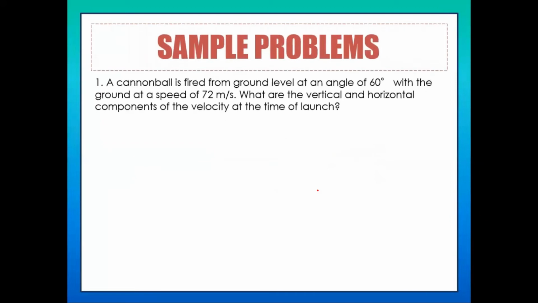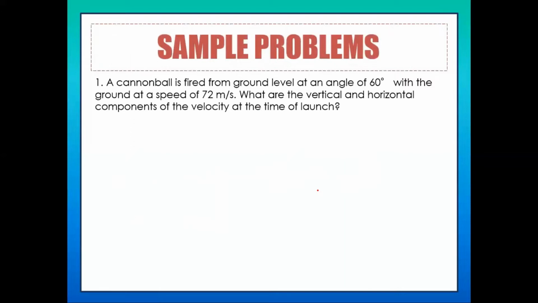So, number 1, we have here a cannonball is fired from ground level at an angle of 60 degrees with the ground at a speed of 72 meter per second. So, what are the vertical and horizontal components of the velocity at the time of launch?